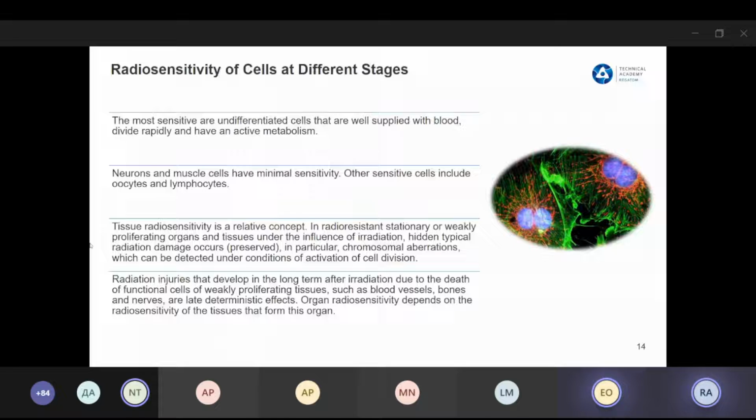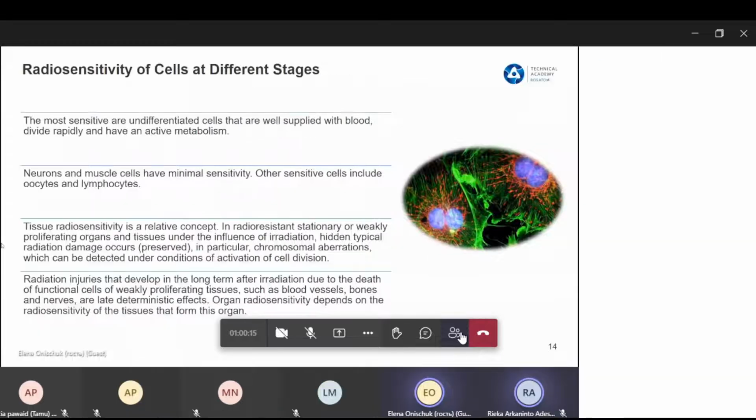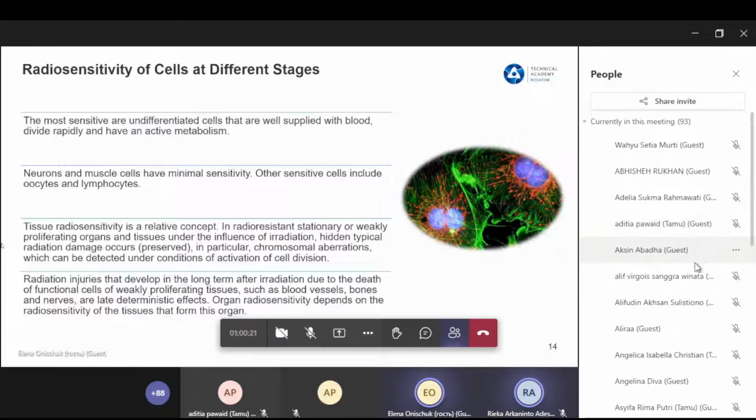Neurons and muscle cells have minimal sensitivity. Other sensitive cells include oocytes and lymphocytes. The reasons for their sensitivity are not clear.